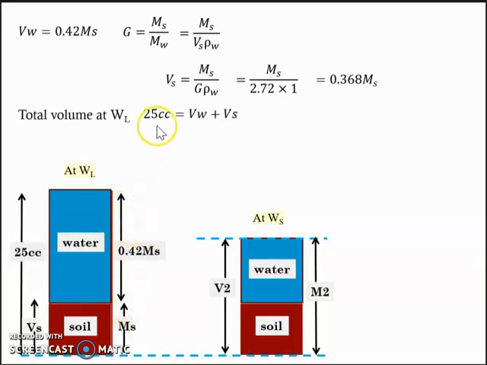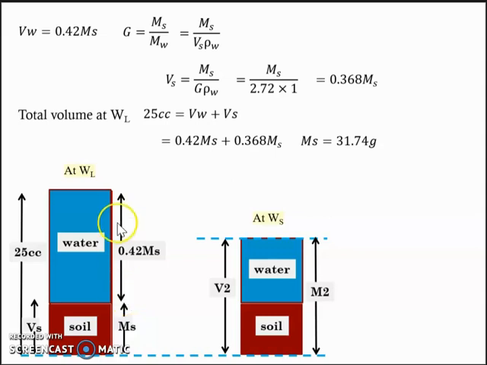So 25 cc equal to Vw plus Vs, and Vw is 0.42 Ms and Vs equal to 0.368 Ms. From these two equations, I have an expression for Ms, and I can solve to get Ms equal to 31.74 grams, which means the mass of dry solids here marked in the maroon color is 31.74 grams.